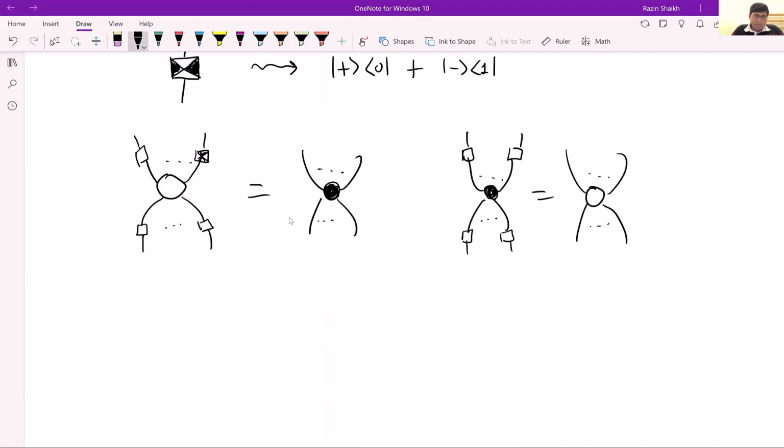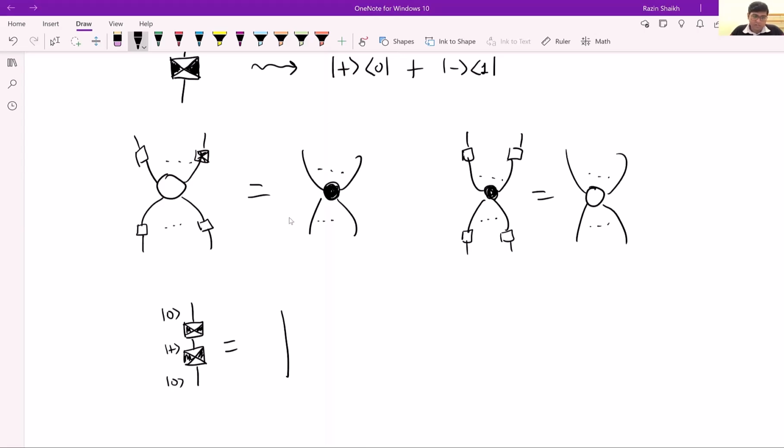Now, one of the properties of this is that if you have two of these in a row, that's equal to doing nothing. And you can see why that's the case. If I have 0 here, then this changes 0 to plus, and this again changes plus back to 0.